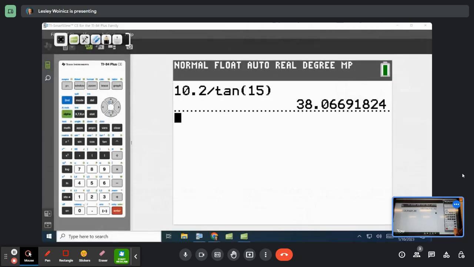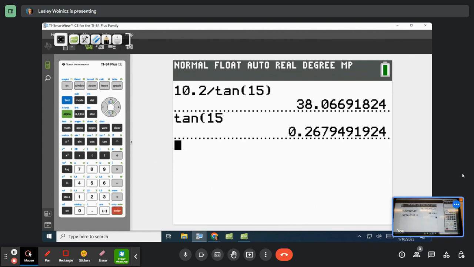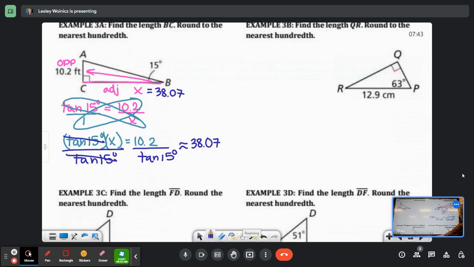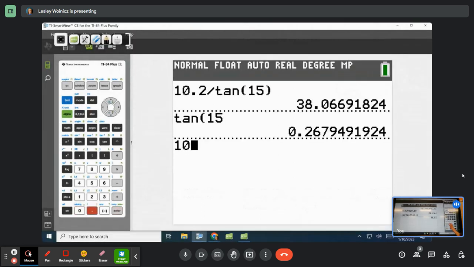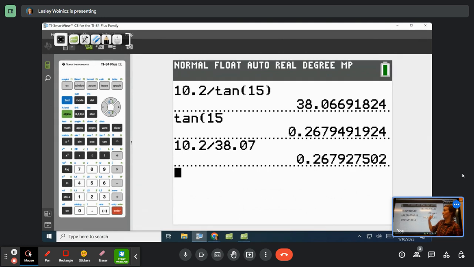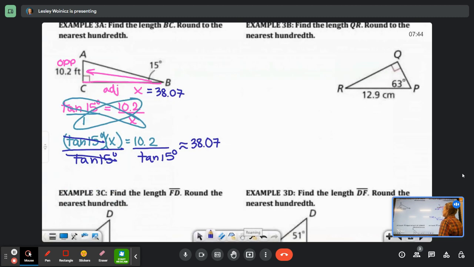So if I do tangent of 15, and then I do 10.2 divided by 38.07, I should get the same thing. Pow! And obviously it's a little bit different because we rounded. We have a little bit of a rounding error, but you can see that it's really close for a couple of decimal places. Okay, so that's how you can check your work.